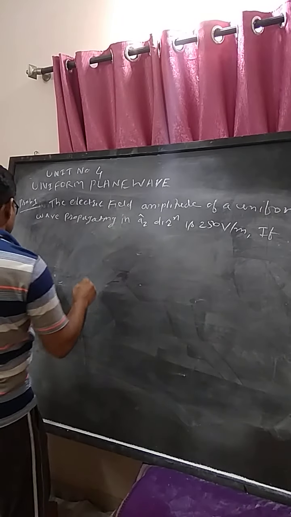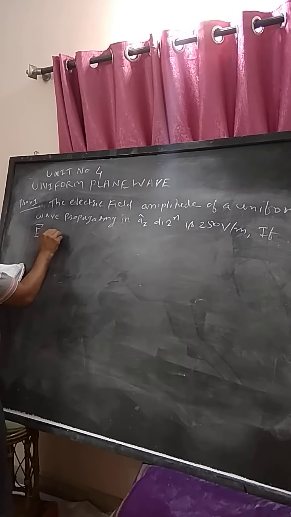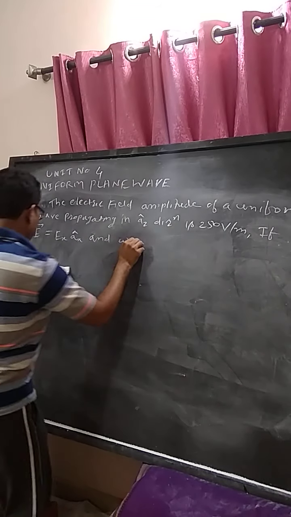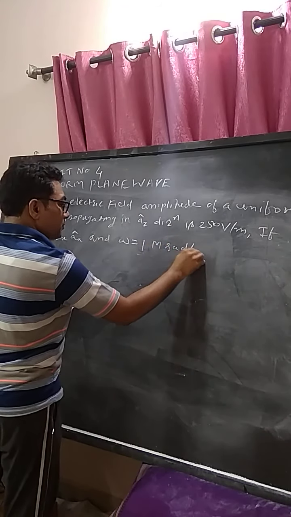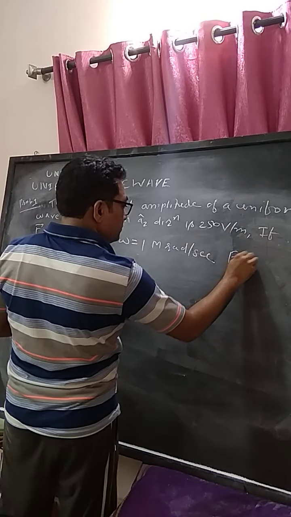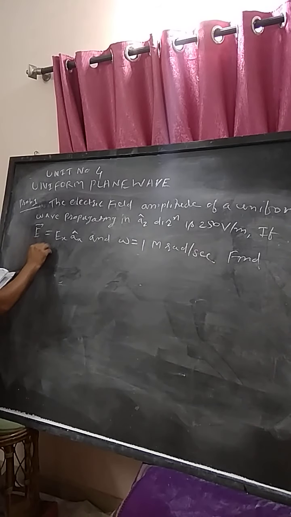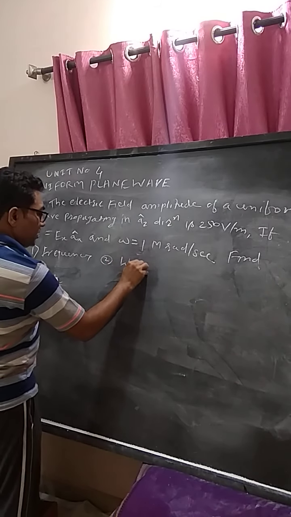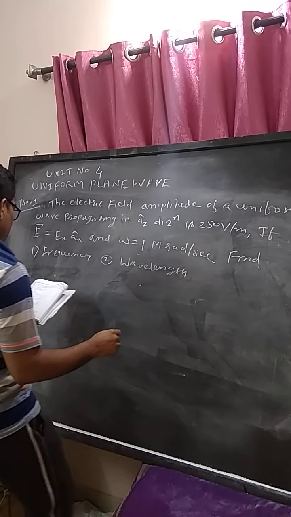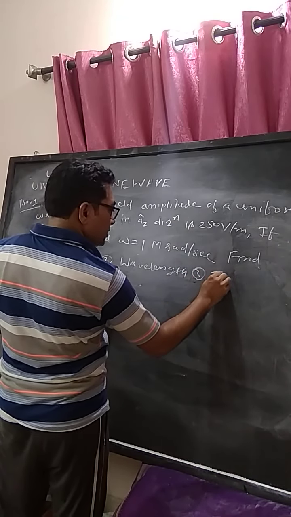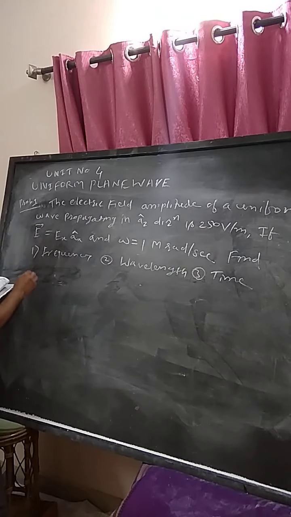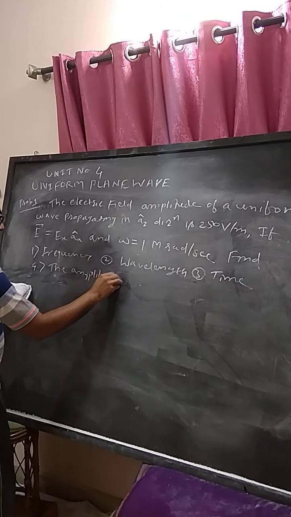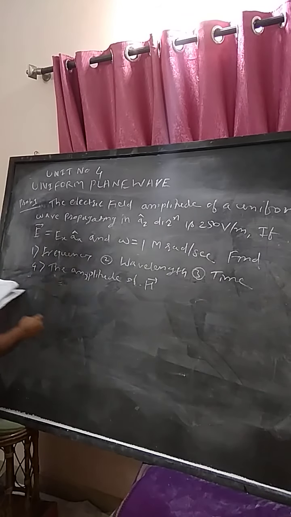If E vector equals Ex into Ax and omega equals 1 mega radian per second, find number 1, frequency; number 2, wavelength; number 3, time period; and number 4, the amplitude of H vector. So this is the problem.